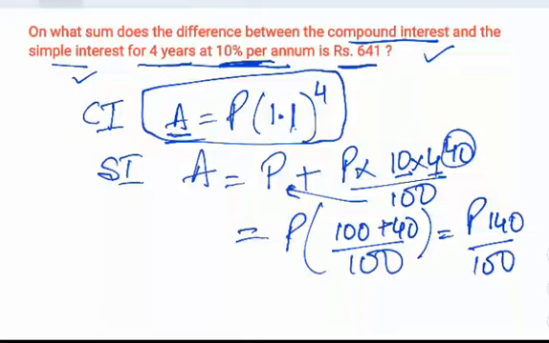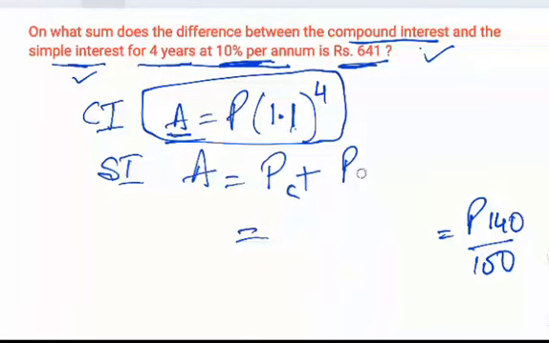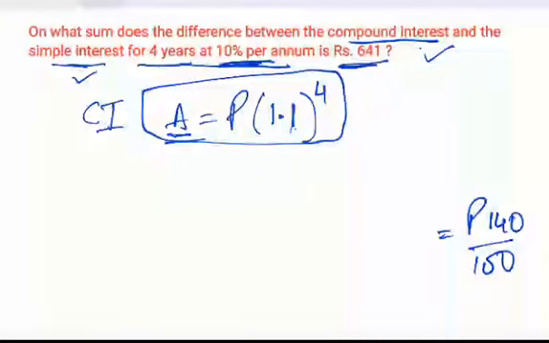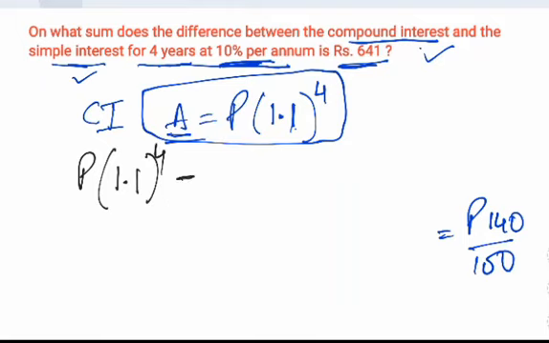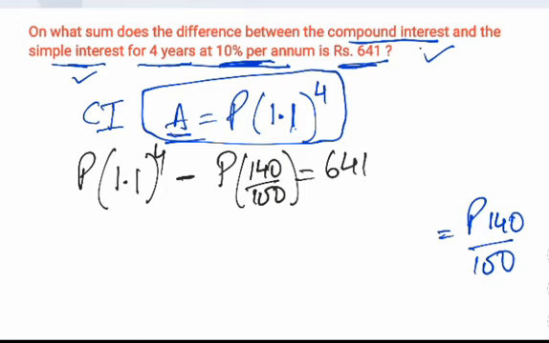So it is given that the difference between the compound interest and simple interest is 641. So we'll calculate the difference between them. So compound interest minus simple interest is equal to P into 1.1 raised to the power 4 minus P into 140 upon 100, equal to 641.